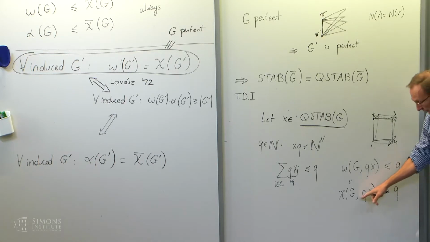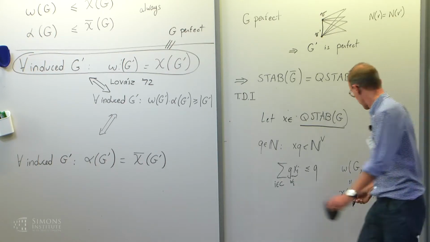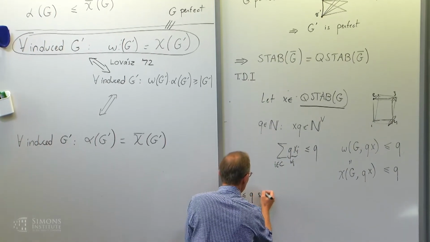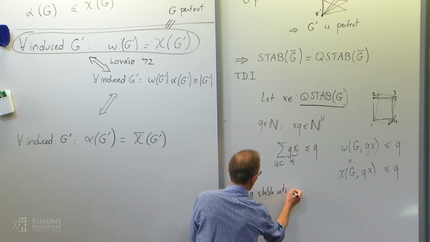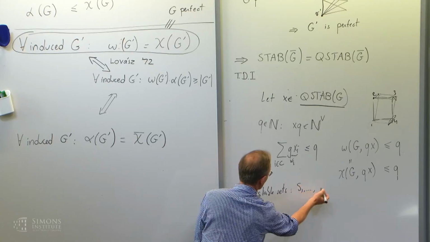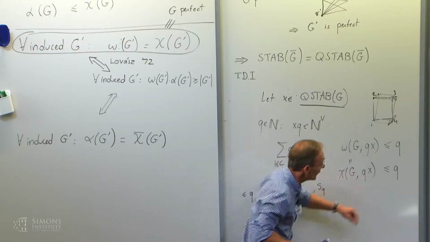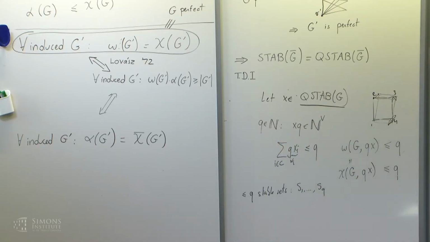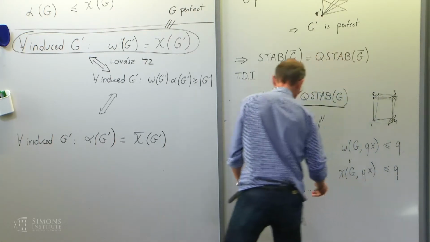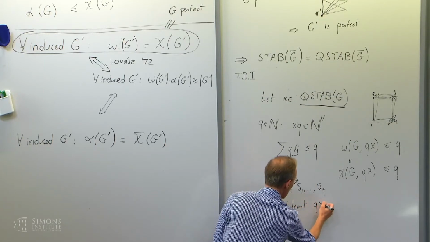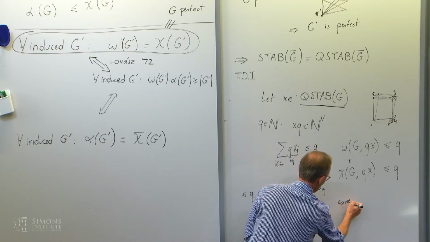So I have at most q stable sets, let's call them S1 up to Sq, such that if I look at the stable sets that cover i, I have at least Wi of them, which means at least qxi covering i.